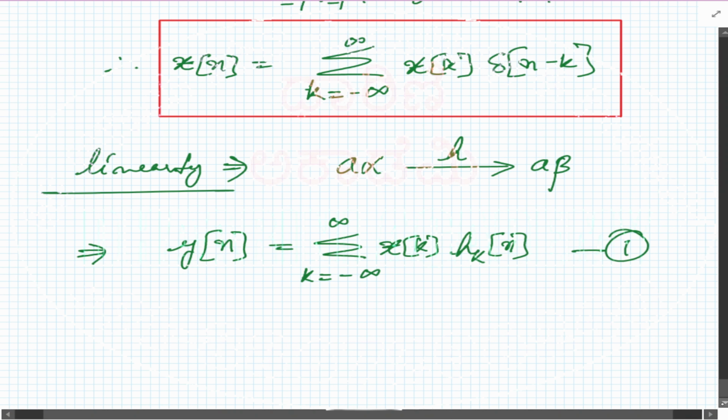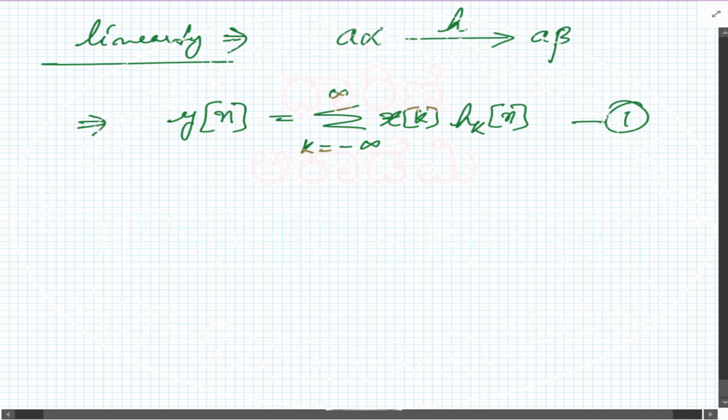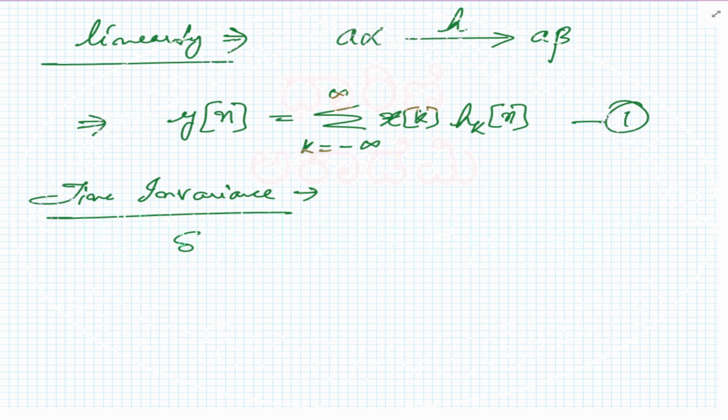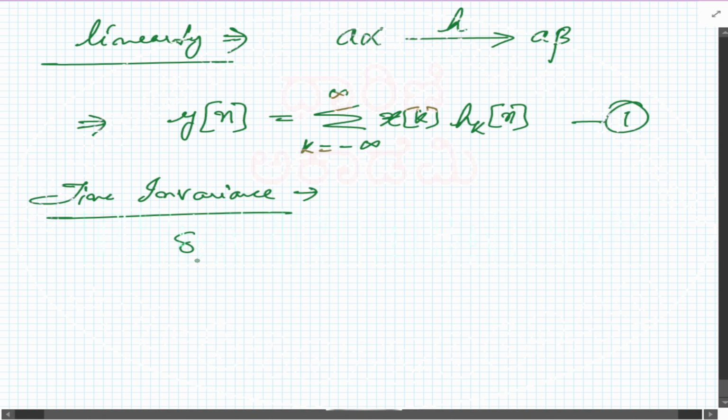Now for this itself I need to modify, because my system is time invariant as well, right? So I apply the time invariance now. So I know that this is delta of n minus k as input.